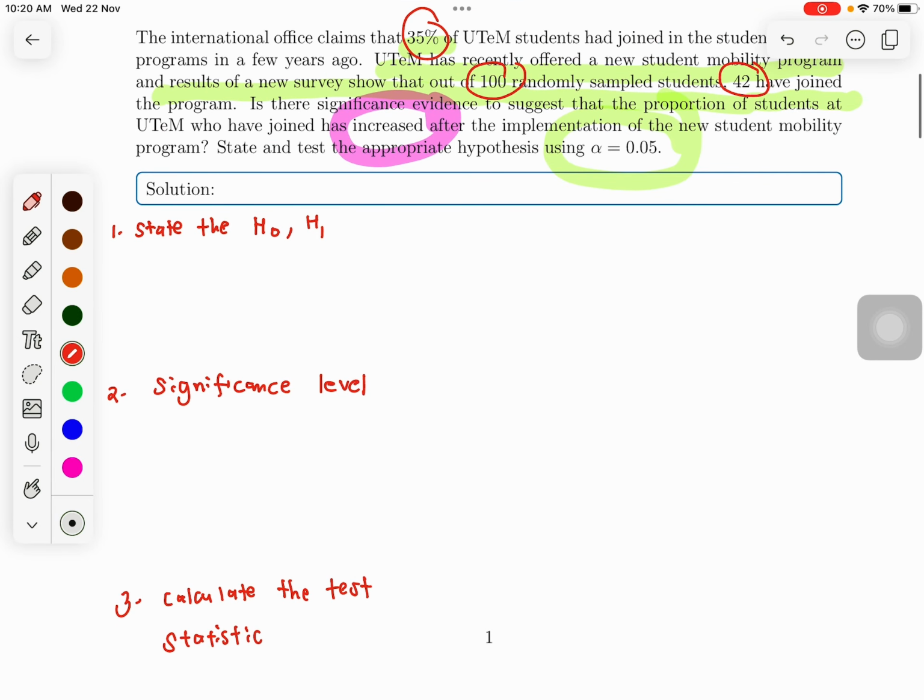And followed by step 4, we compare the result in step 3 and step 2. And last one, the 5th step, make a conclusion.